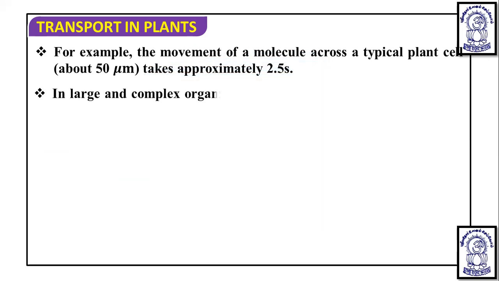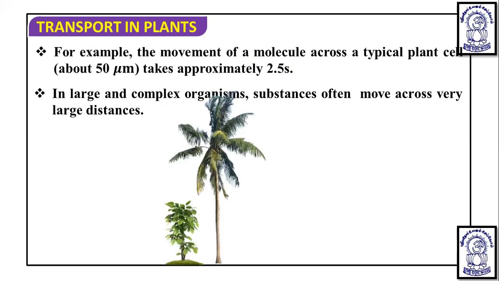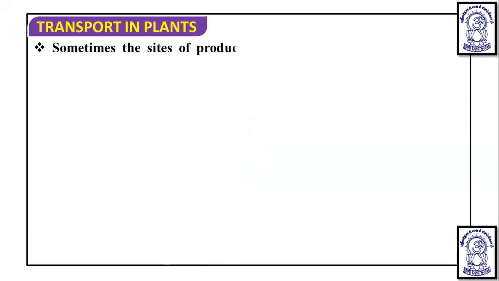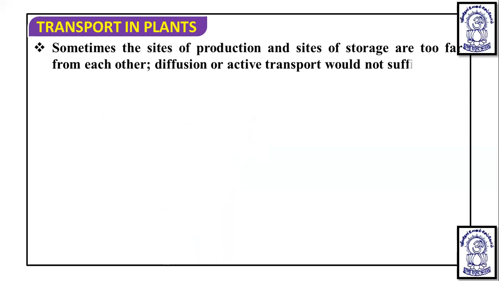In large and complex organisms, substances often move across very large distances. Like you can see gymnospermic plants such as sequoia, which are very tall plants. In those also transport of water is occurring. How this takes place is one of the important questions to be discussed here. Sometimes the site of production and the site of storage are too far from each other. At that place also diffusion and active transport would not suffice.